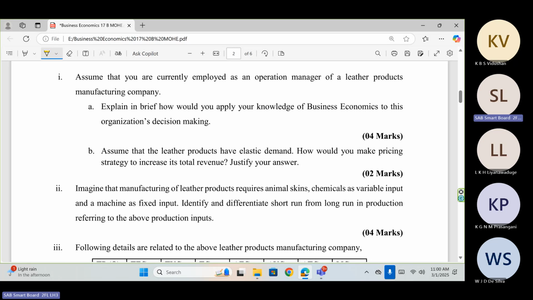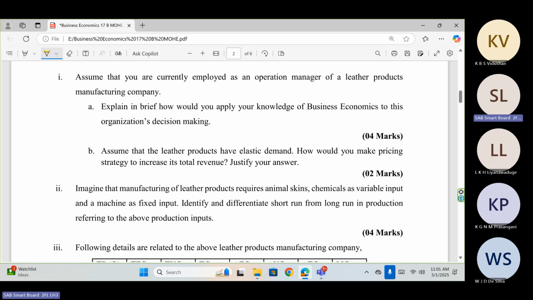Then there will be a requirement because this firm is exceeding its capacity. Now they have reached the maximum capacity of Q. They need to produce more. At that point, increasing variable input is not going to work. Why? The fixed machine is not available.